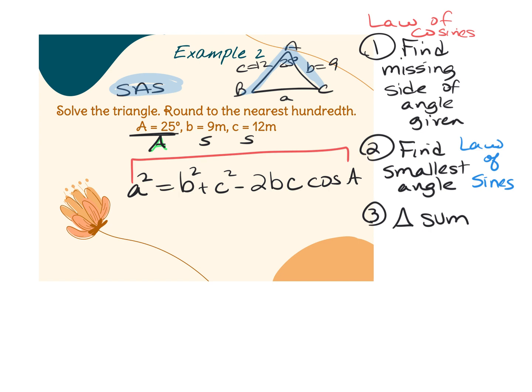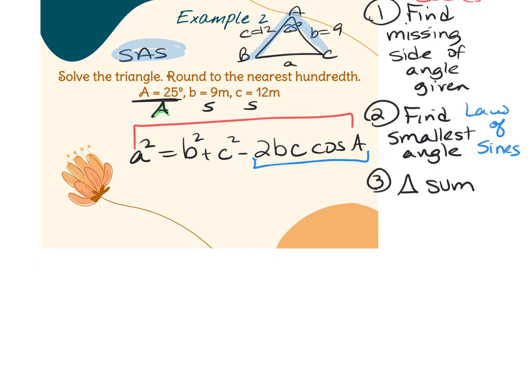Now, this one again, be careful with your calculator, because some calculators, if you try to put this continuous in your calculator, it may follow order of operations and mess things up. Because what you need to recognize is this quantity right here is all being multiplied. So let's try filling it in.